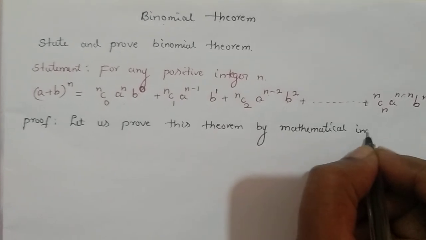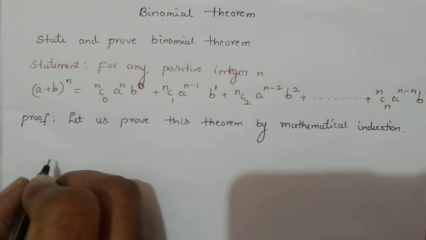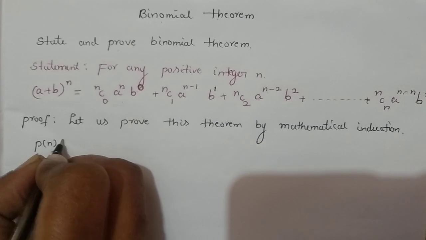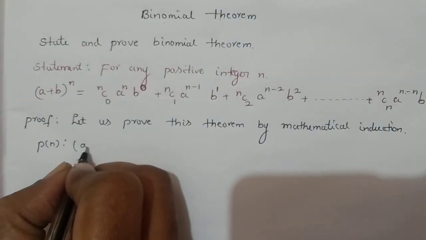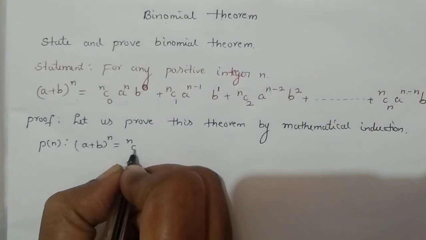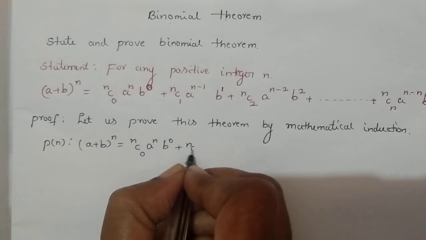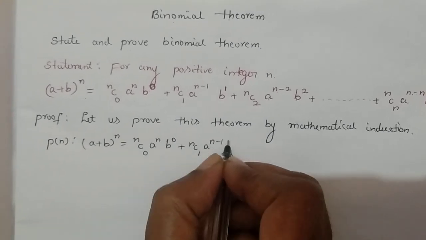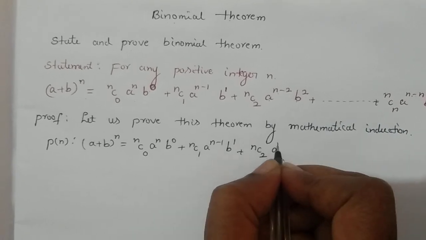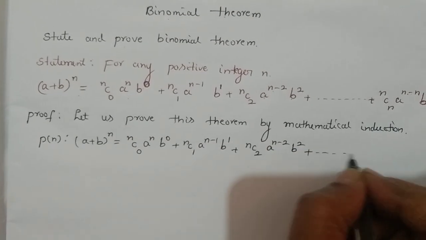First consider the principal value of n, which is nothing but the statement (a plus b) to the power of n, nC0, a to the power of n, b power 0, nC1, a to the power of n minus 1, b power 1, nC2, a to the power of n minus 2, b power 2, and so on.